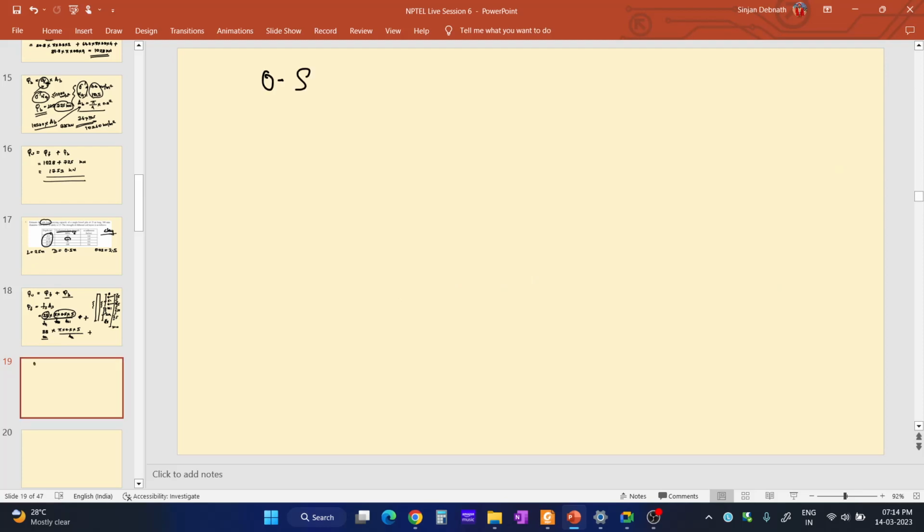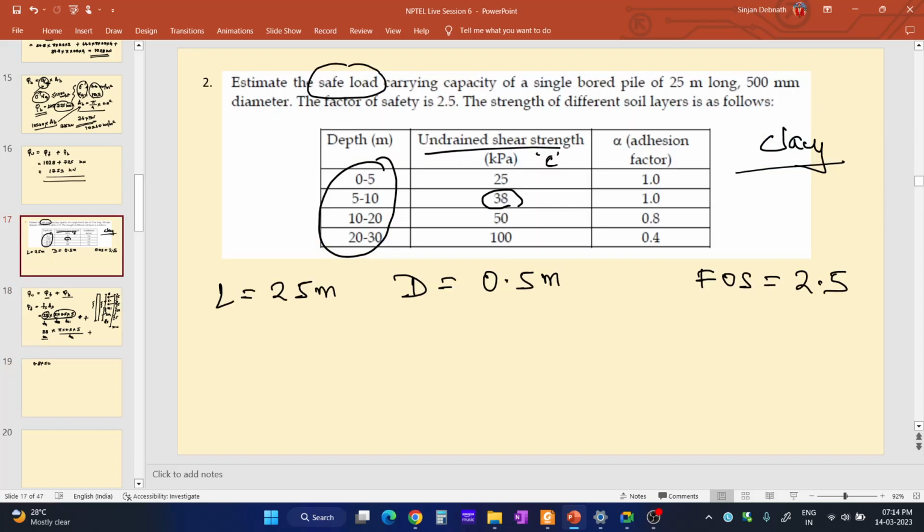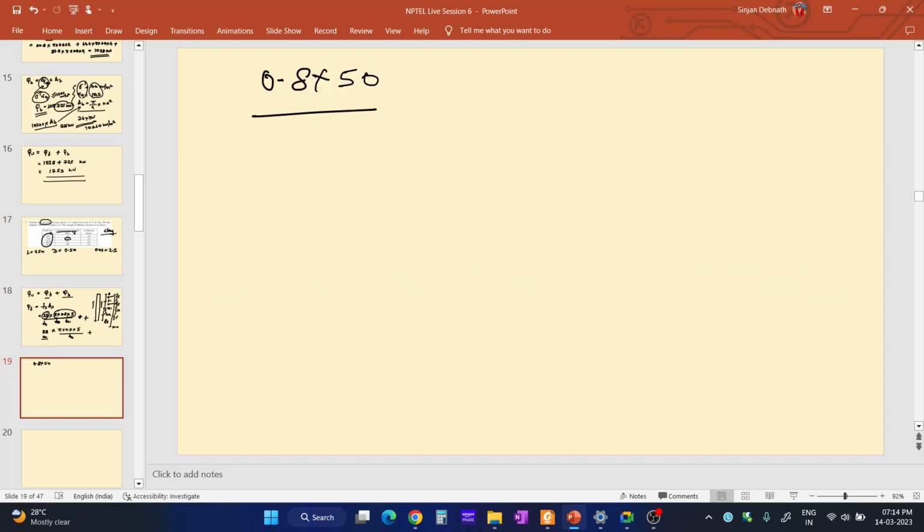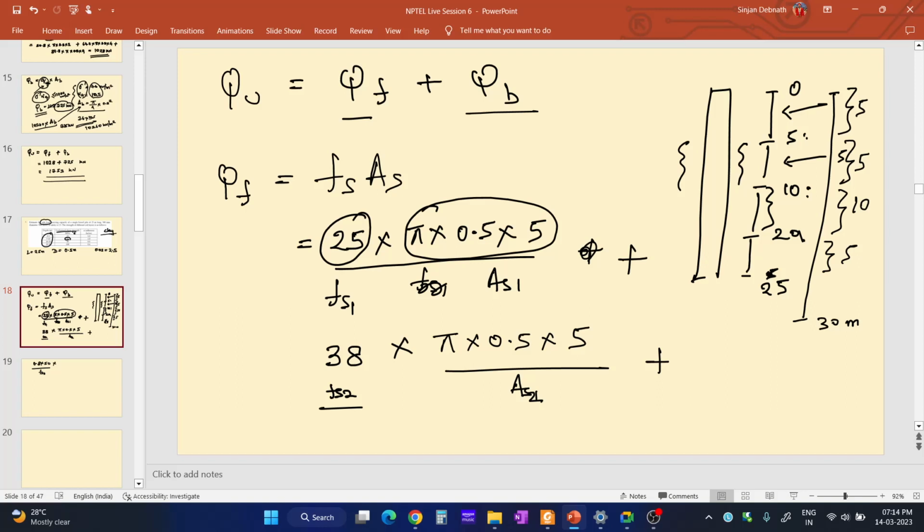So 0.8 into 50 is the Fs3, into As3, the surface area of the third segment.